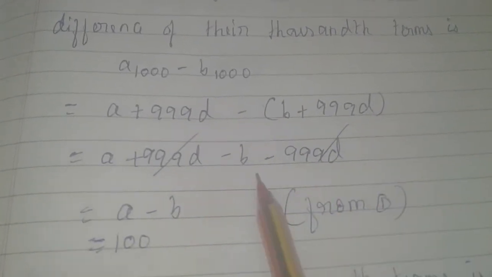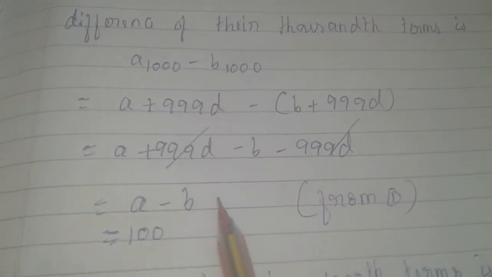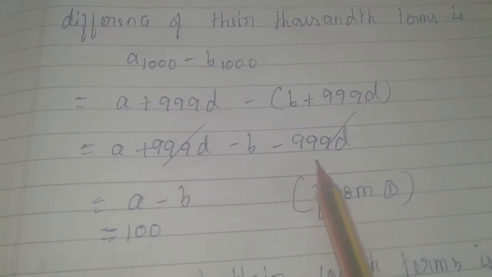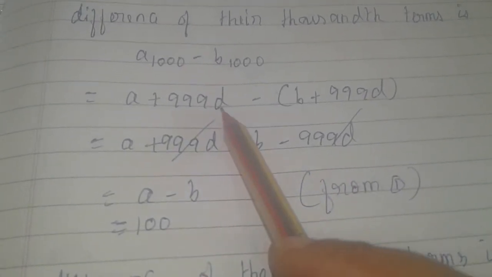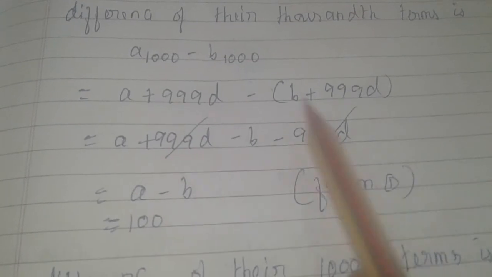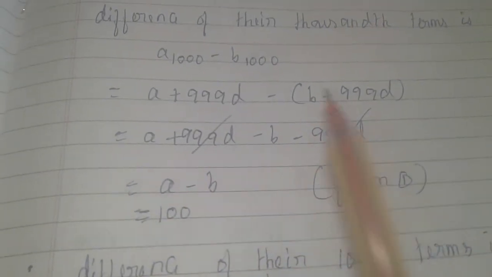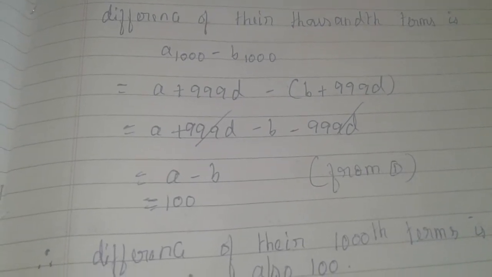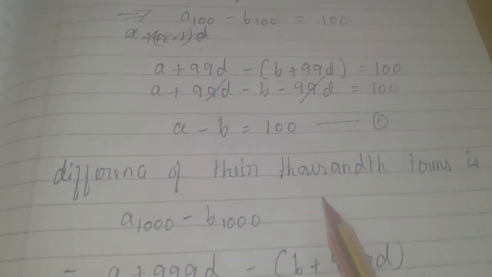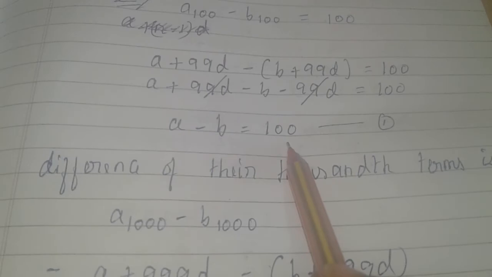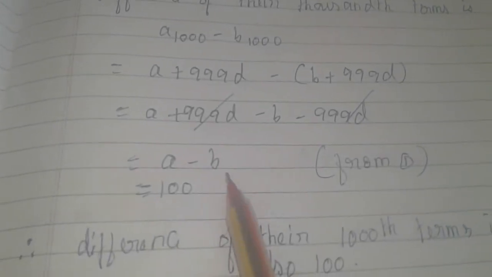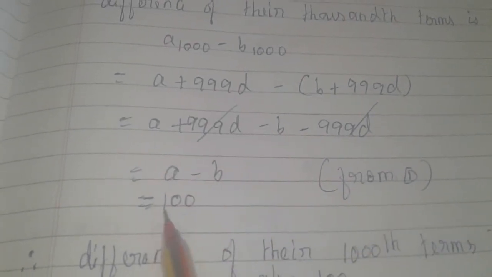Now simplify this by opening the bracket, so we get minus B minus 999D. You can see that plus 999D and minus 999D get cancelled. So what is remaining? A minus B. We already found the value of A minus B. What is the value of A minus B? 100. So here also I can replace it with 100.